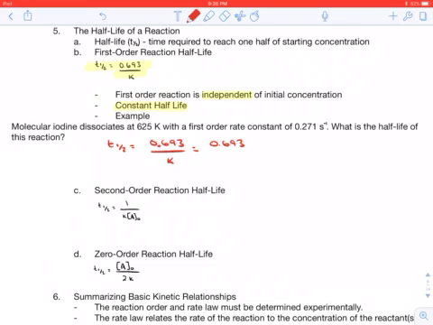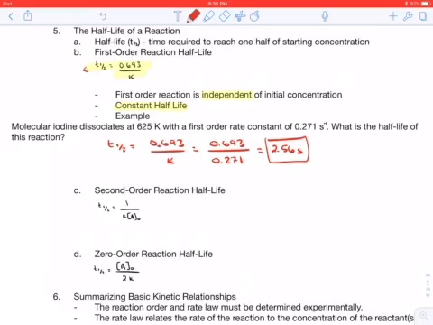So we've got 0.693 over 0.271. And if we keep 3 sig figs in our answer, that will be our answer. So I came up with 2.56 seconds. Very simple, as you can see.